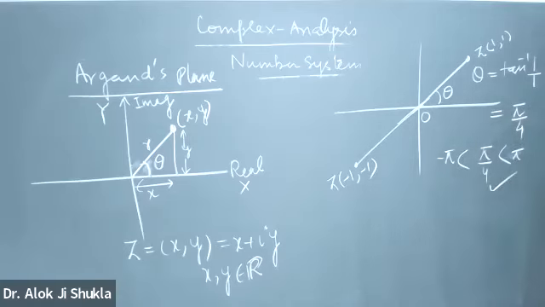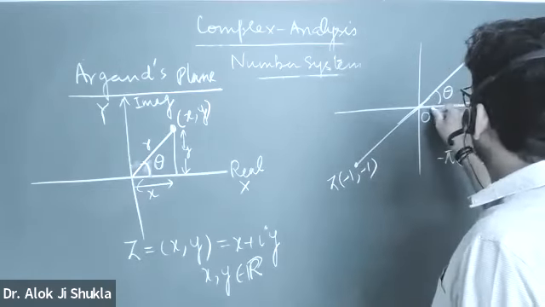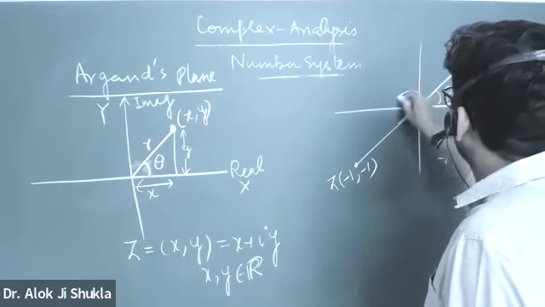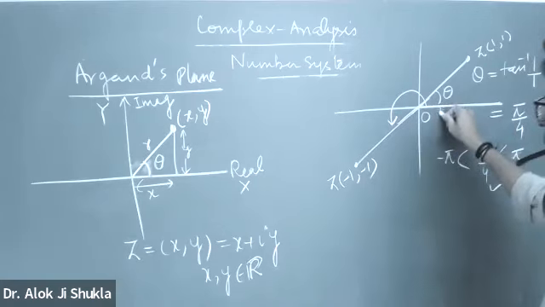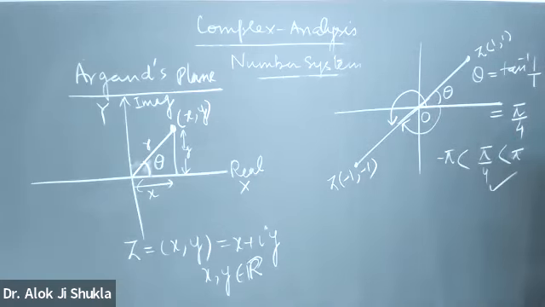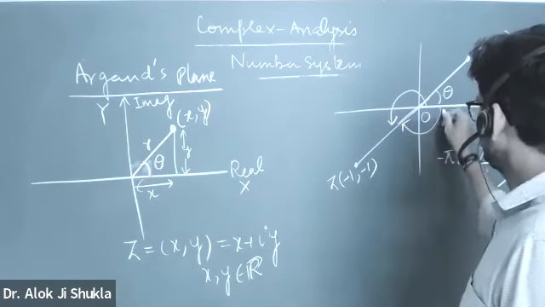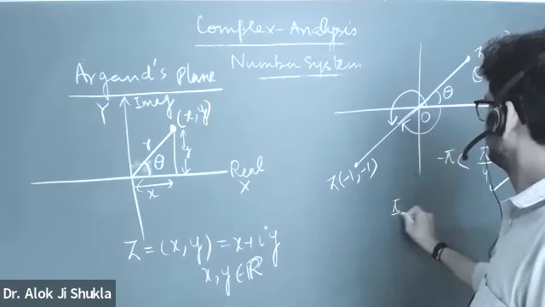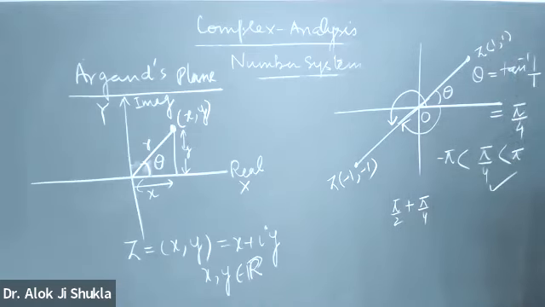Now for the other point, if you write this one, what is the angle? Because this is the initial line, this is the angle. This angle will be greater than pi, yes or no? So this will not be taken as principal argument. We will take this one. Are you getting it or not? So this one will be pi by 2 plus pi by 4, so how much will it become? 3 pi by 4.